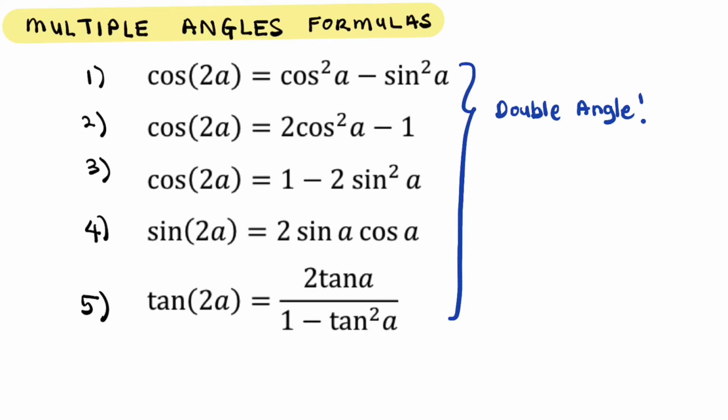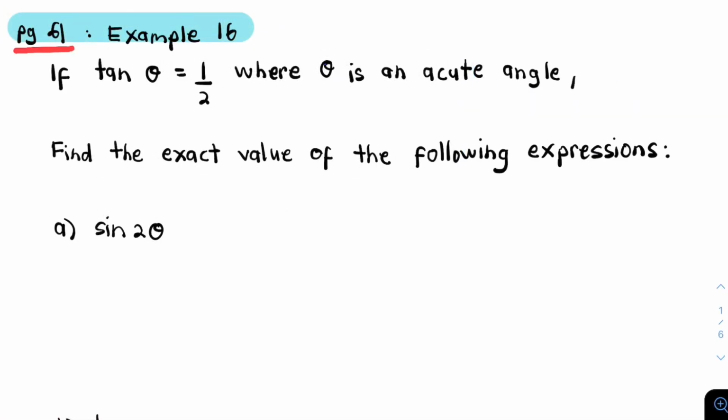The first one would be page 61, example 16. The question asks, if tangent theta equivalent to half, where theta is an acute angle, find the exact value of the following expression for sine 2 theta. Again, when you are given something with SOHCAHTOA like this, and you already know which quadrant the angle falls on, you have to draw your triangle.